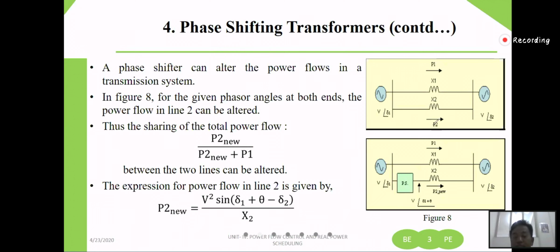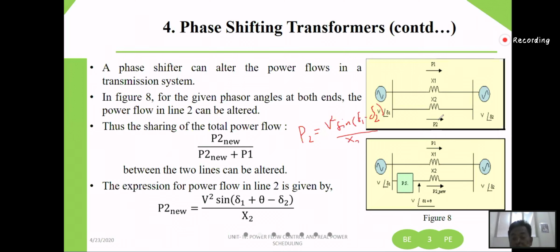Similarly, earlier, since both the sending end and receiving end voltages we have denoted by V, we will get P2 equal to V square sine delta 1 minus delta 2 by X2.